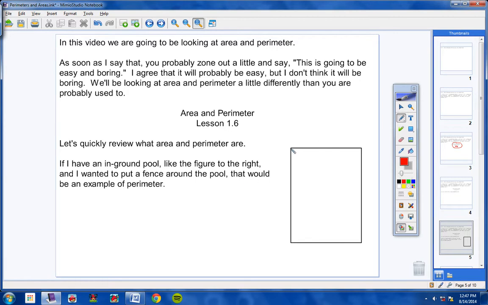I would start right here and measure the distance from here to here, then here to here, and so on around. Then I would know the total distance around the pool, and I would know how much fencing to buy. That's an example of perimeter. Perimeter is finding the distance around an object.